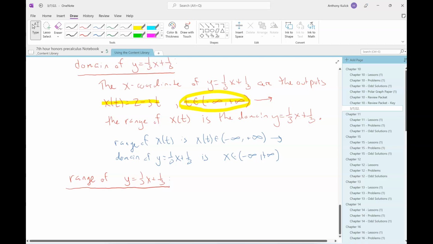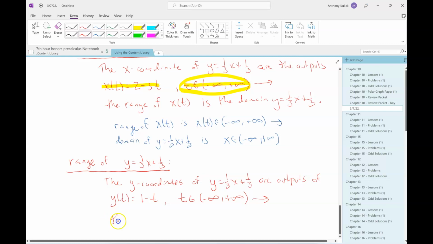When we talk about the range, which coordinate are we talking about? Y. We know the y coordinates of our Cartesian function are the outputs of the parametric equation y of t is equal to 1 minus t, where the inputs are negative infinity to positive infinity.